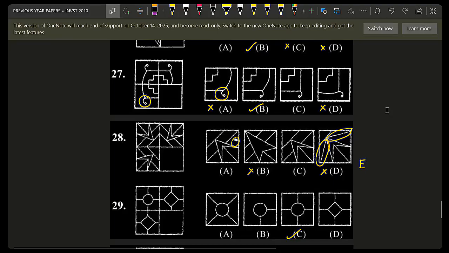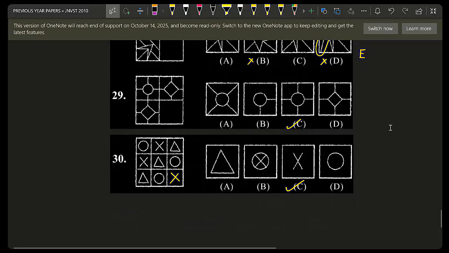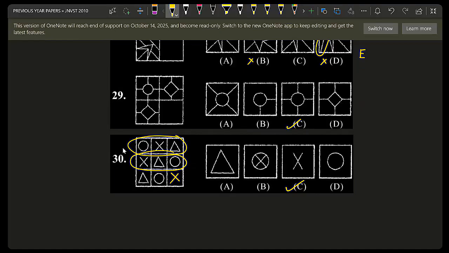Sir, I didn't understand question 30. In every row, all shapes must be there. In this row, circle, cross, triangle. In this row, circle, cross, triangle. But in this row, which is missing? Cross is missing, right? Yes, sir. That's it. You can check column wise also. In this column, all are there. In this column, all are there. In this column, which is missing? Cross is missing. Okay, sir.